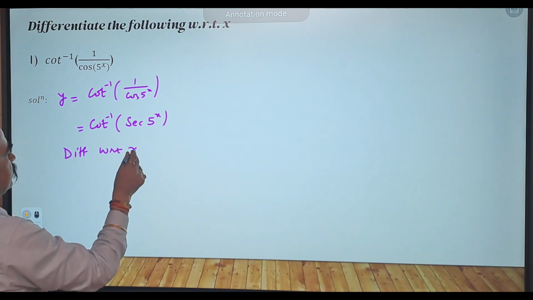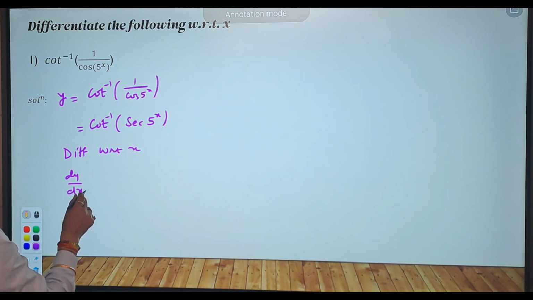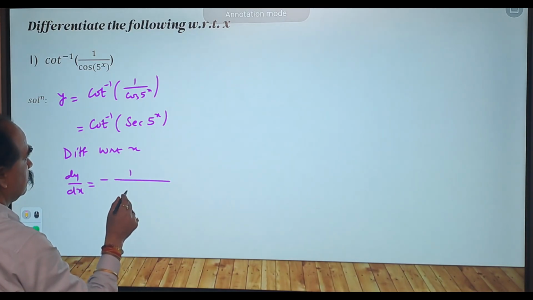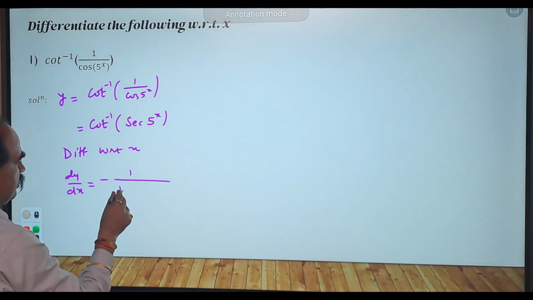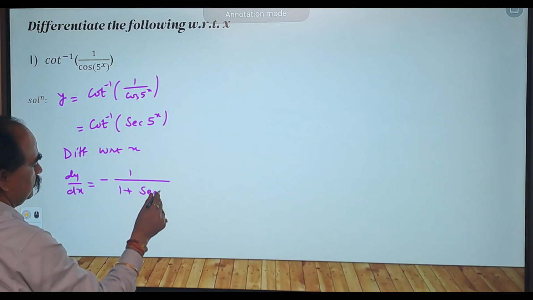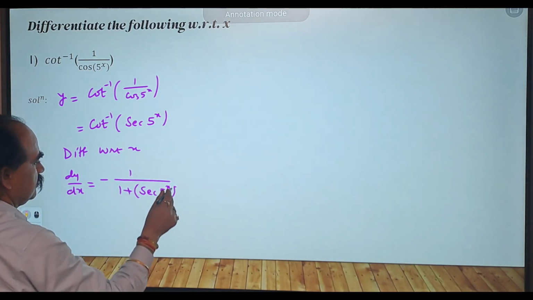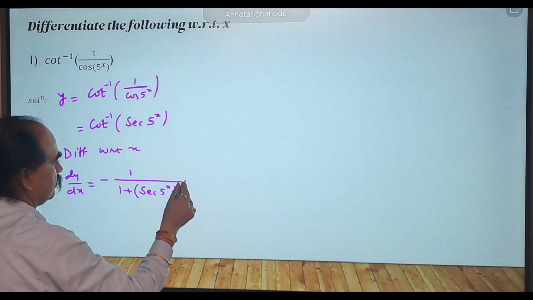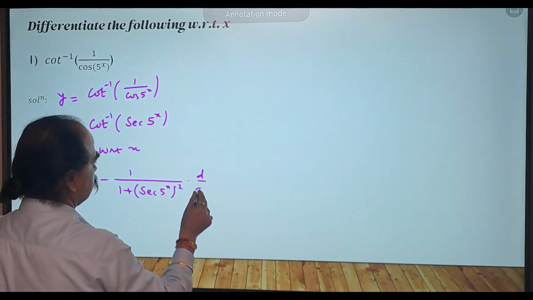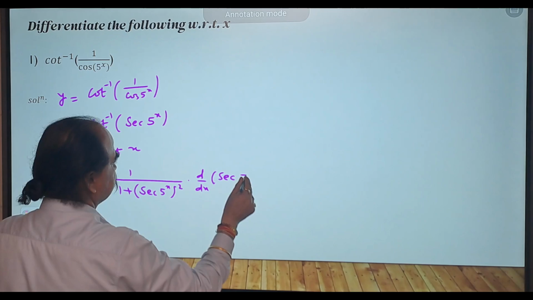Differentiating with respect to x. Derivative of cot inverse is what? Minus 1 upon 1 plus sec phi raised to x square into derivative of sec phi raised to x.